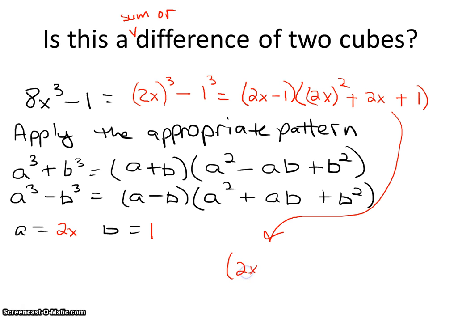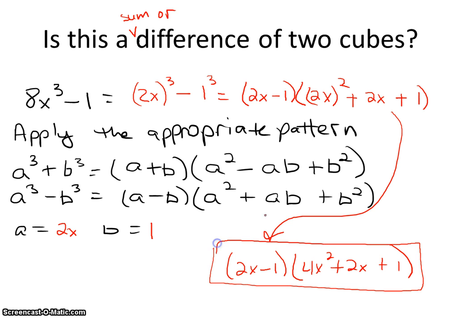So my finished product here is 2x minus 1 times 4x squared plus 2x plus 1, and that is the final answer. If you do not think this works, you need to check it out for yourself. It does work out, I promise. But you need to check it if you're not trusting it, because you can always multiply these back by each other to check. So these are the two formulas for the sum and difference of two cubes.